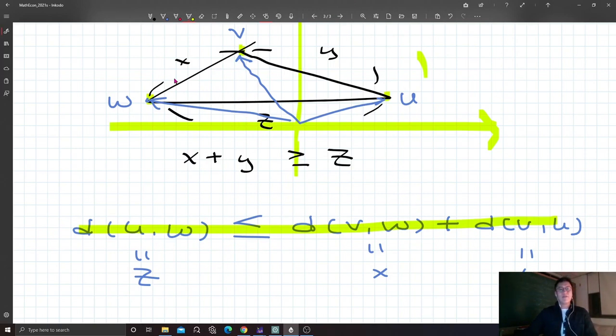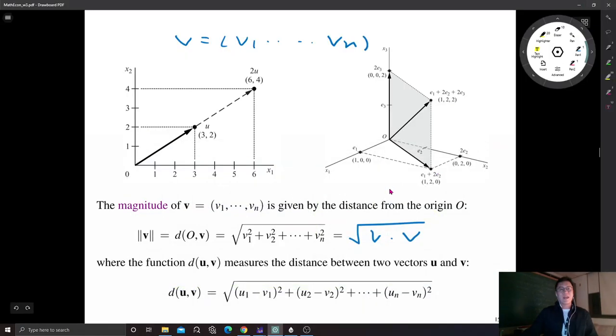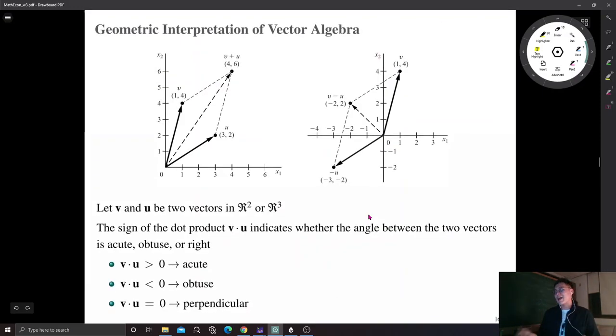So given any three vectors, we can set the upper bound for one distance. That is the primary role of this inequality. And once again, it's used over and over in advanced math classes. Let me just introduce that inequality. I think in our class that is not that important.